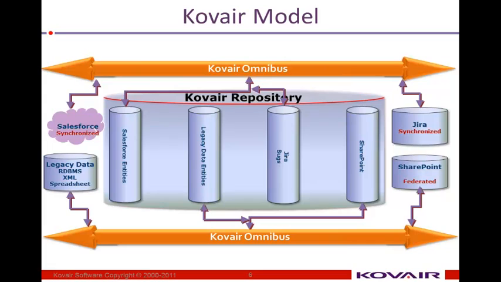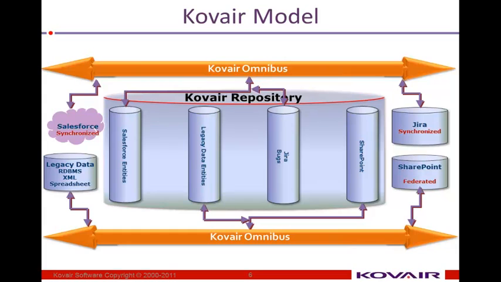In case of synchronization, let's say Salesforce. Synchronization basically means if you add a contact in Salesforce, that will be replicated to the Kovair repository. If you change it in the Kovair repository, it will change it in Salesforce. So it's a completely bidirectional synchronization. But in case of, let's say, SharePoint, when you have a large number of documents, you don't need to replicate the documents in the Kovair repository.